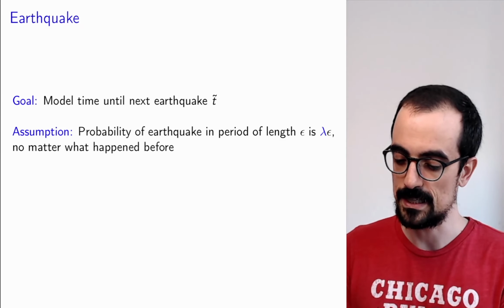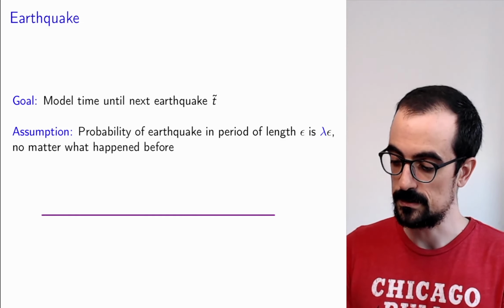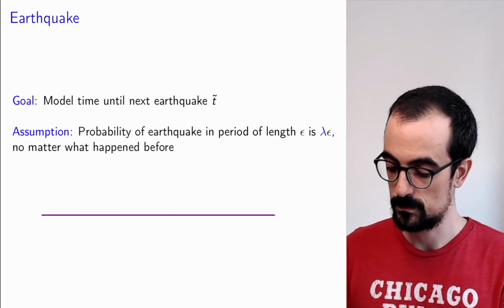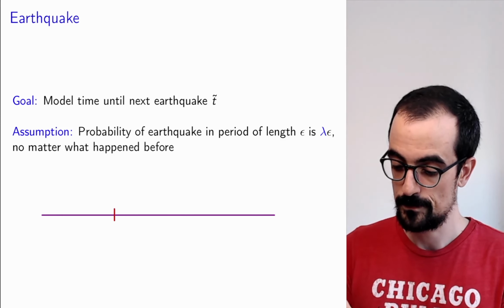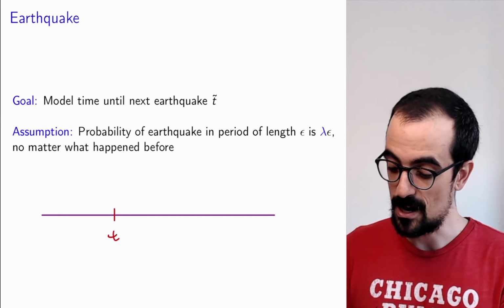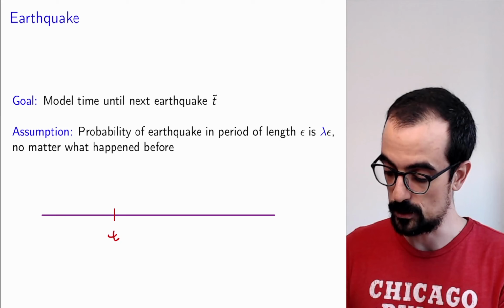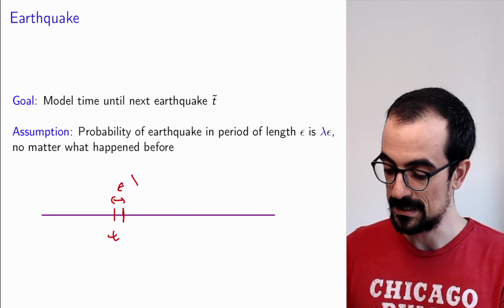So the idea is that we're considering earthquakes happening, and if we have waited until a certain time t, and no earthquake has arrived, now the probability that we see an earthquake between t and t plus epsilon is always going to be equal to lambda epsilon.